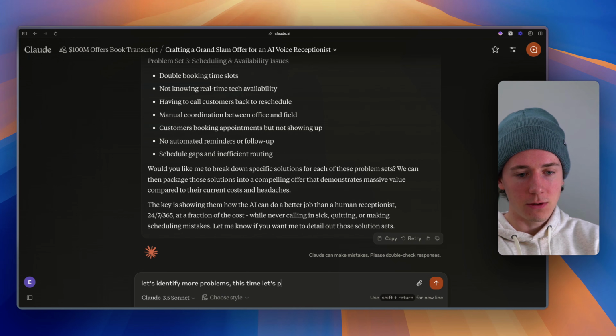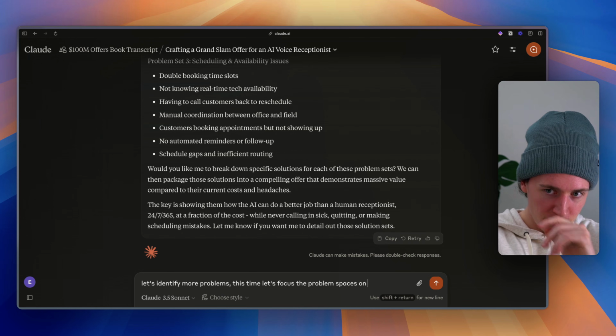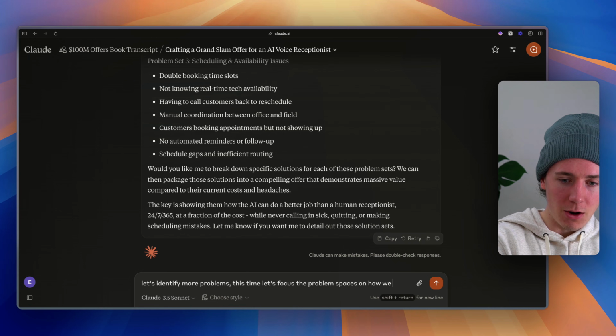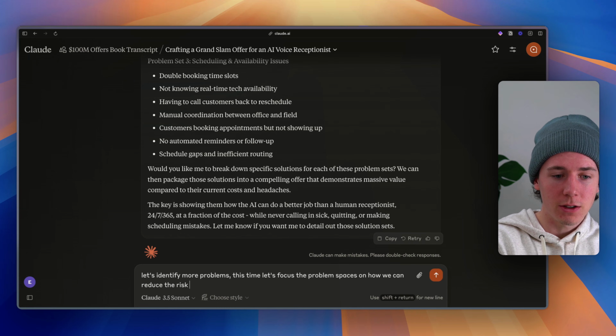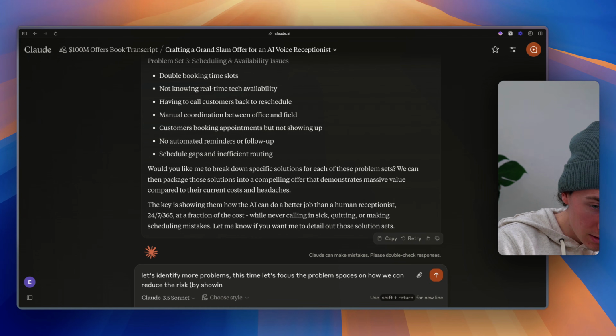This time let's focus the problem spaces on how we can reduce the risk by showing them that this, actually no, this is something in the solution space.